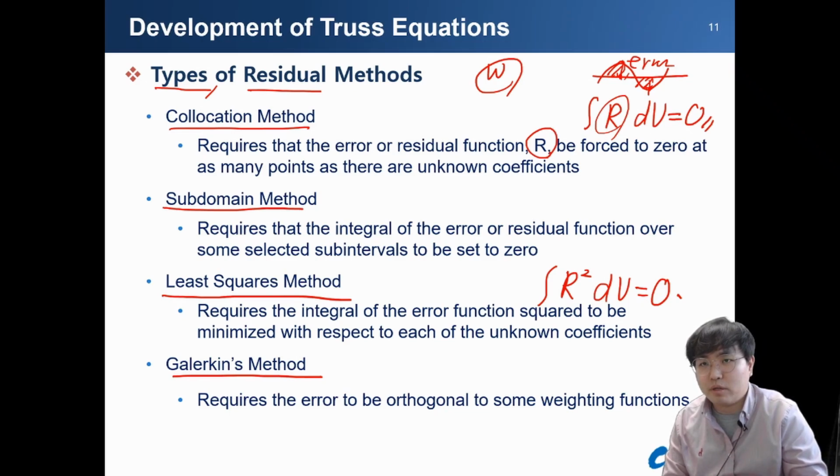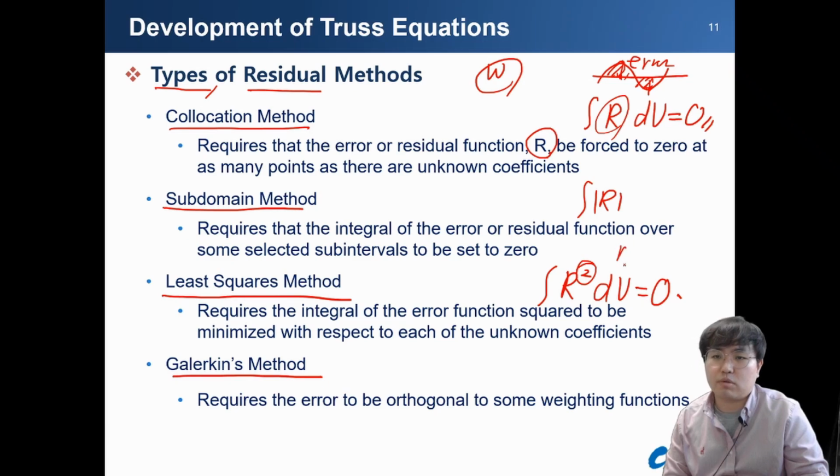So we have several ways of changing this error. First, we can take absolute values of the error. However, for convenience in handling mathematically, we normally apply the square, or sometimes the norm2 error.